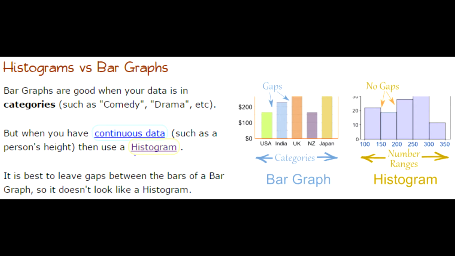Bar graphs are good when your data is in categories such as comedy, drama, etc. But when you have continuous data such as a person's height or weight, then use a histogram. It is best to leave gaps between the bars of a bar graph so it doesn't look like a histogram.